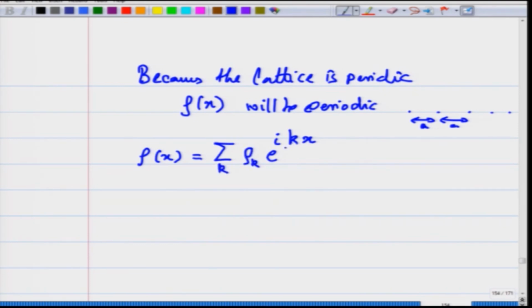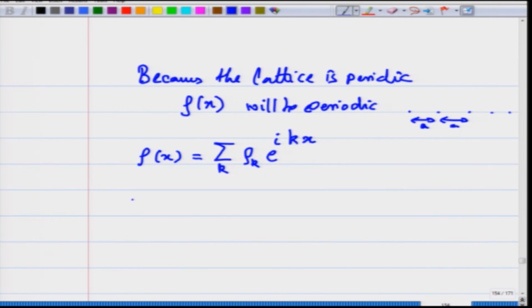So, this is the Fourier transform. This is discrete, because it is a discrete lattice, not a continuous one. I write the rho x as a Fourier transform, where I am doing the Fourier transform on a discrete lattice. So, rho of x is written in terms of Fourier components rho k e raised to i k x, where k are the labels for the Fourier components.